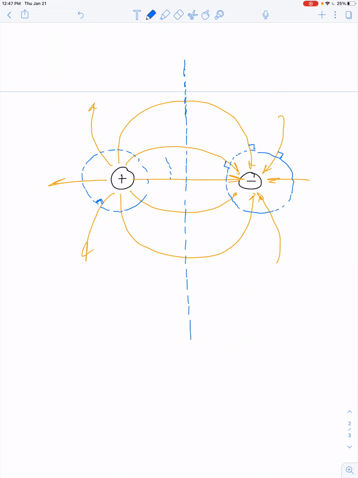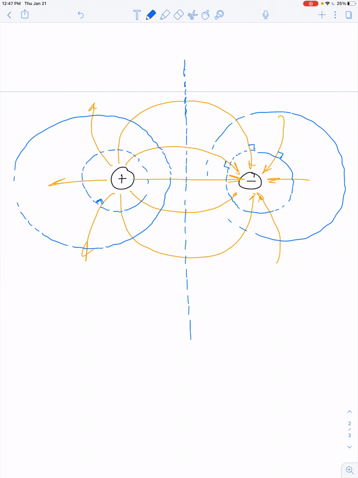There's another line of equipotential, looks something like this. Another one here, another one here, and so on. Okay.